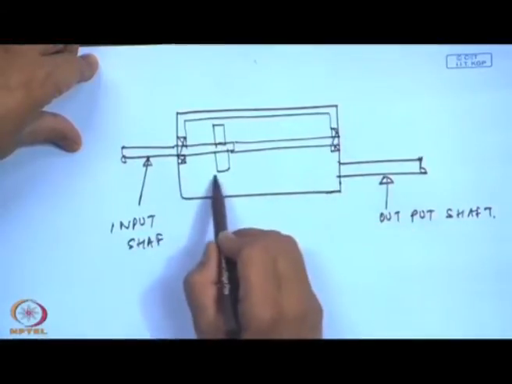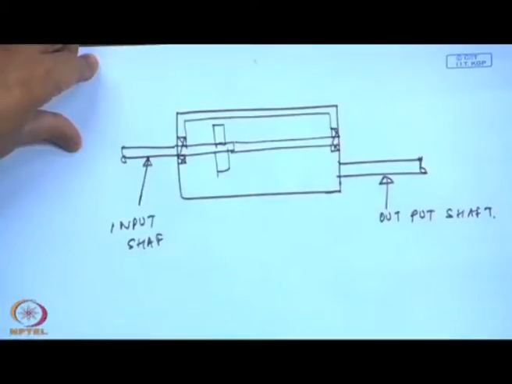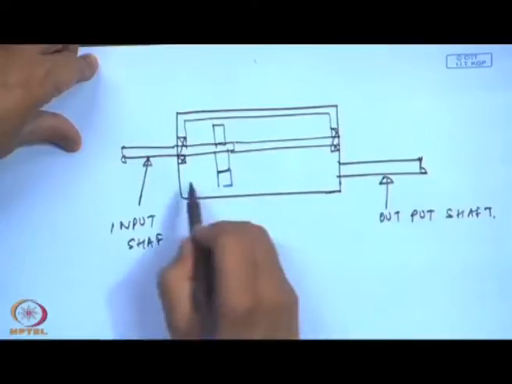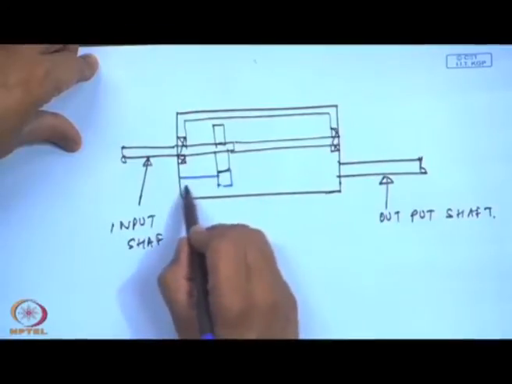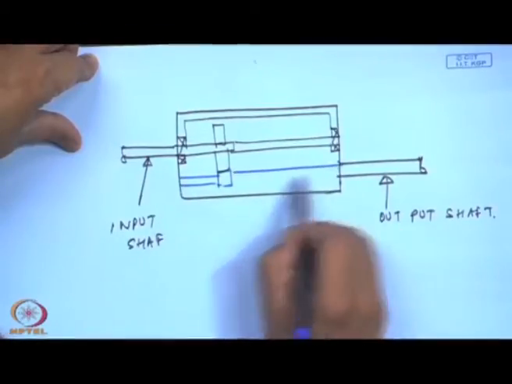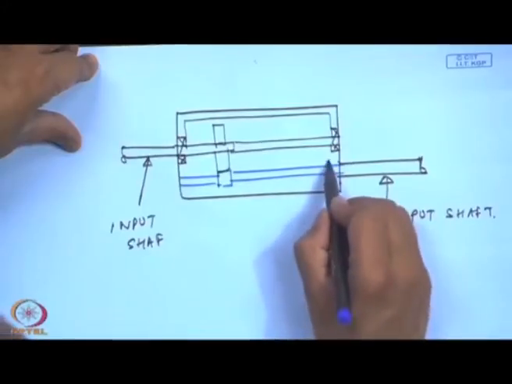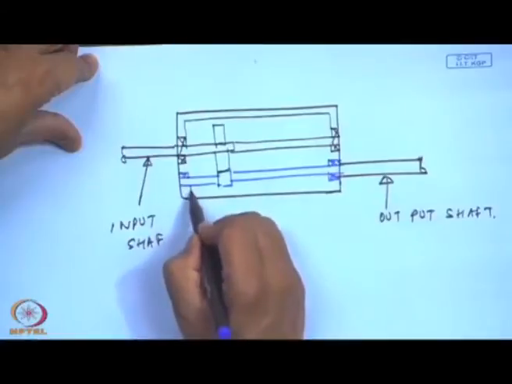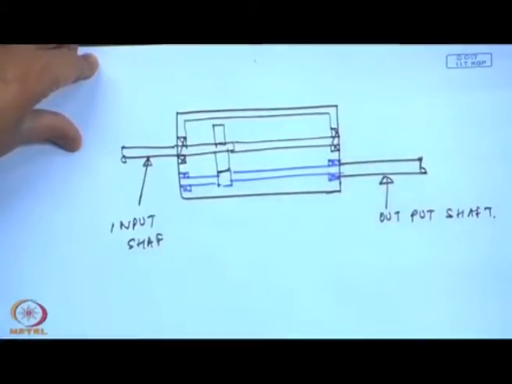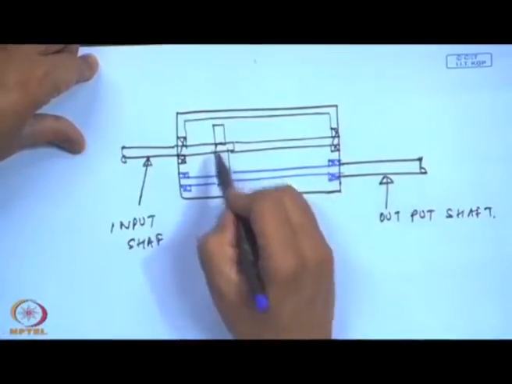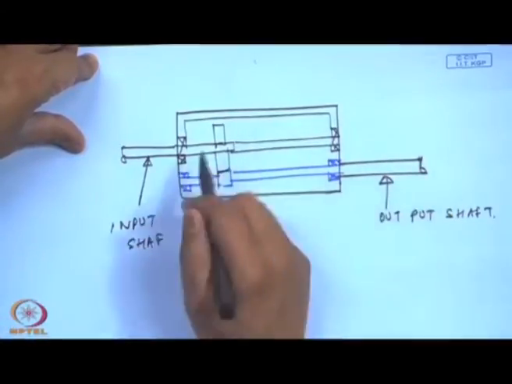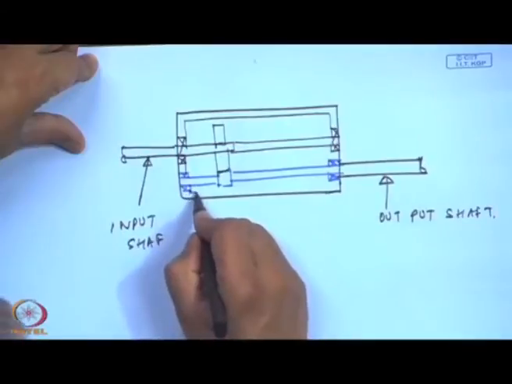This shaft, maybe this is having another gear, and this is also another shaft, which is put on a bearing here. This is just to demonstrate to you how a simple gearbox looks like.